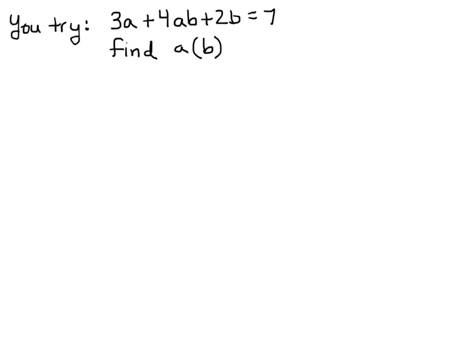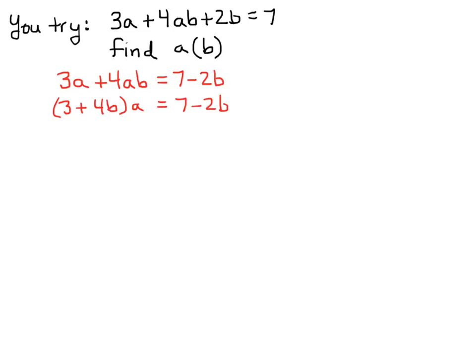So let's go with this then. And so what I'm going to do first, if you want to isolate an a, which is what we want to isolate, is that we put all the instances of that variable on one side of the equation, everything else on the other side of the equation.